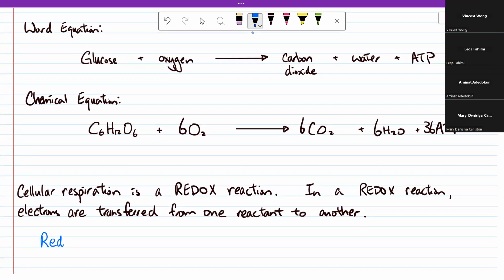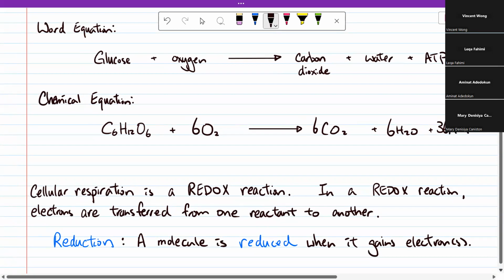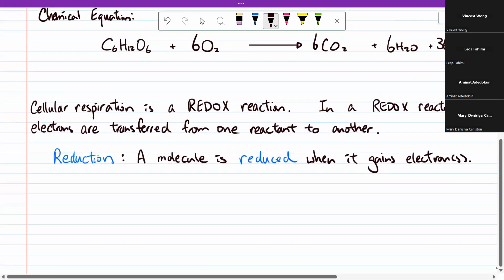We have reduction. A molecule is reduced when it gains electrons. And you can gain more than one, it's fine. So that's reduction.